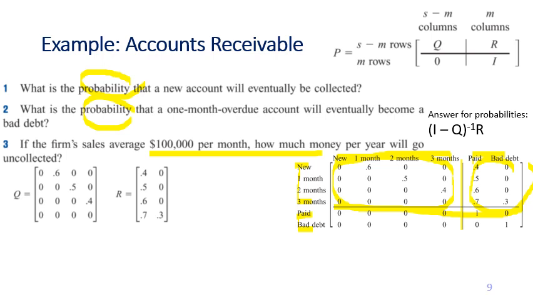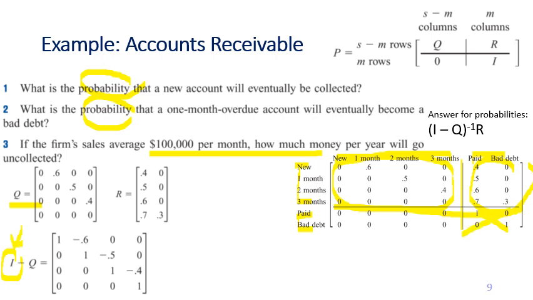And then you compute I minus Q, and I is a 4 by 4 matrix because Q is also a 4 by 4 matrix. So do not use the I matrix here. Just use a new I matrix with the same size as your Q matrix.